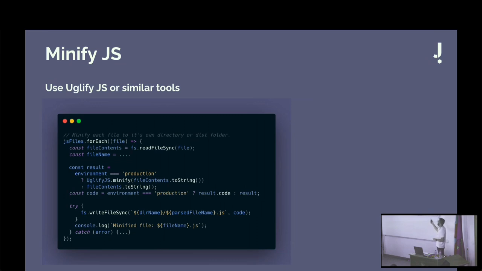And I use just one simple script to iterate over the files and call UglifyJS. By default, if you call UglifyJS, it outputs one single file, or just outputs all the contents to standard output. So there are extra npm modules that you can use on top to do what I did, but I wanted to keep it simple and to have full control. That's why I used this approach.